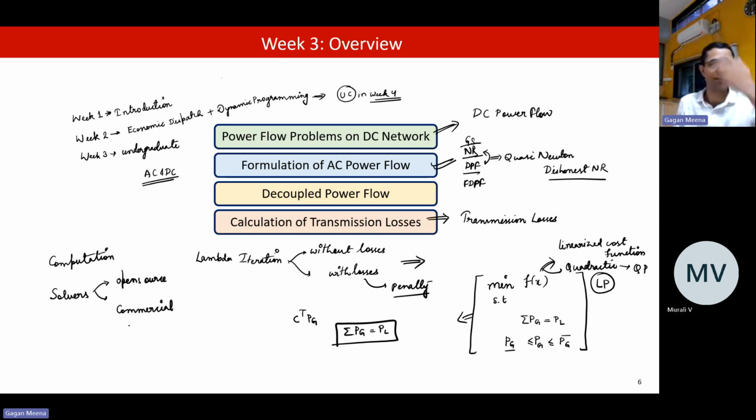The list of these solvers you can easily find. Have you heard of GAMS? No, GAMS, sir. So this is the General Algebraic Modeling System.